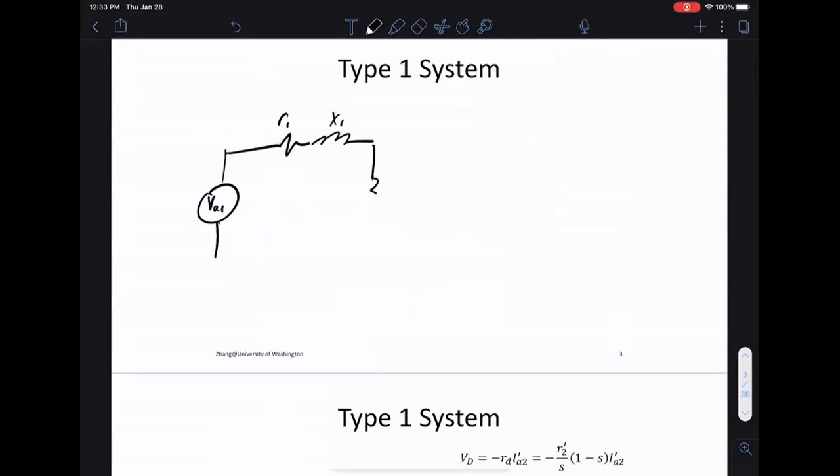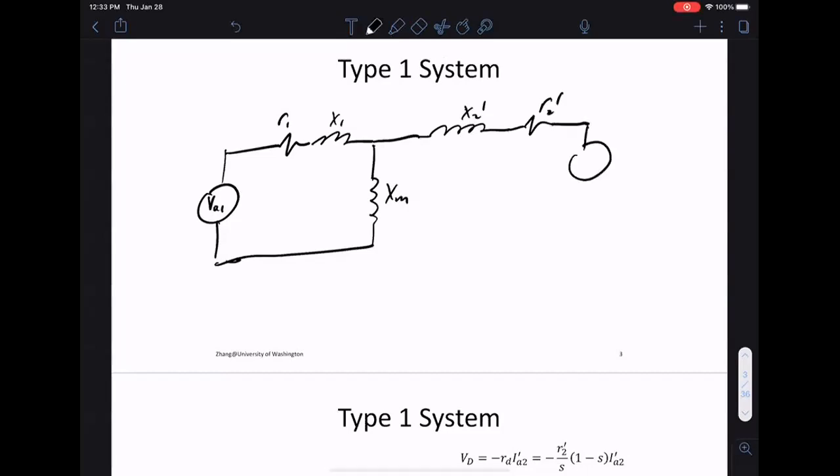There may be a shunt reactance called XM, because this comes from a transformer, so there could be a shunt element. Then we'll have X2 prime, R2 prime, and a developed voltage.